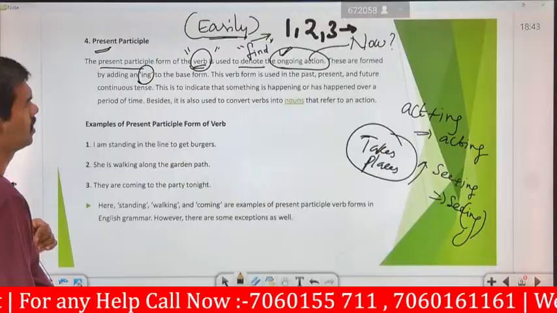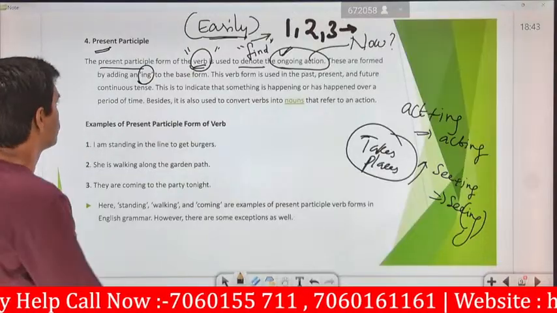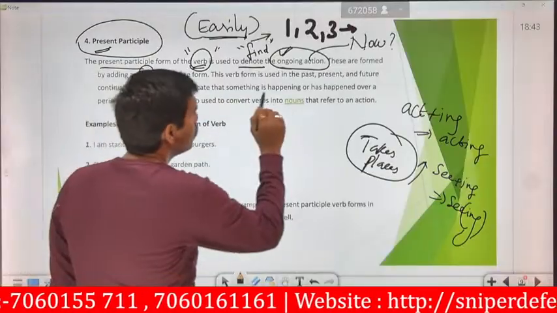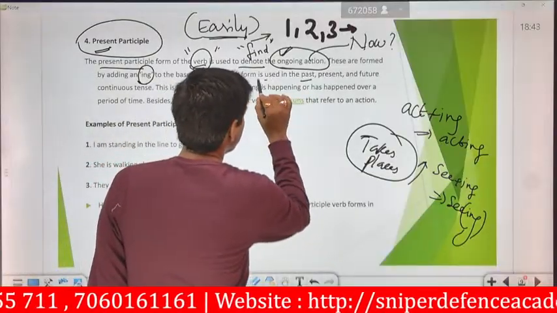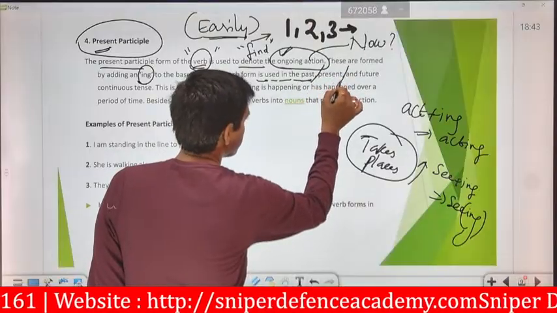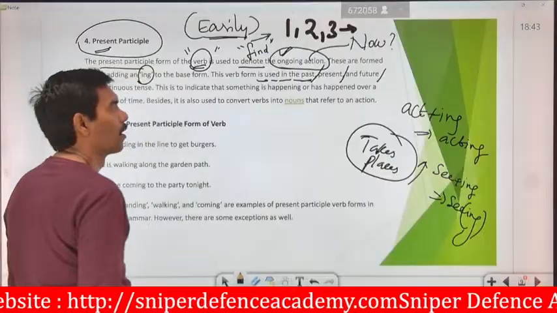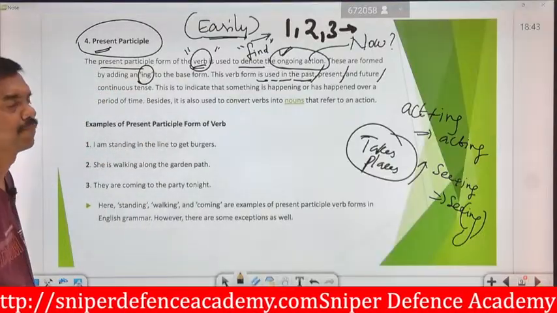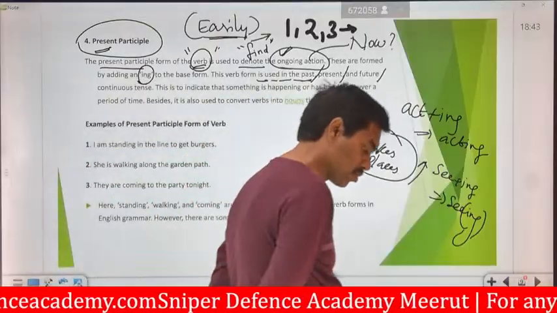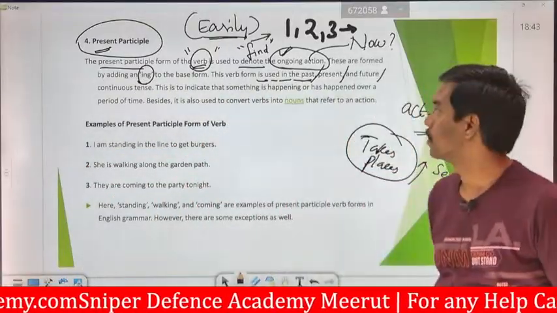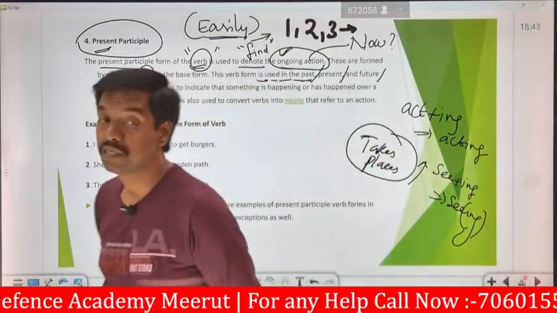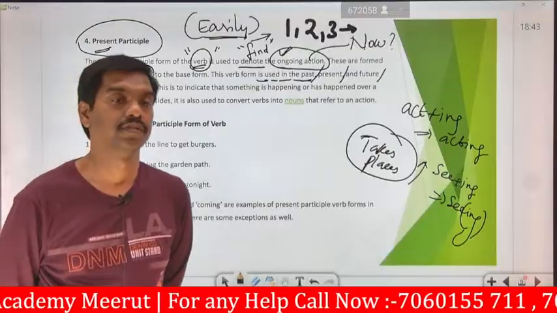So next they are saying that this present participle verb is used in the past, present and future. It can be used in the past also, present also, and future also, in terms of continuous tense.